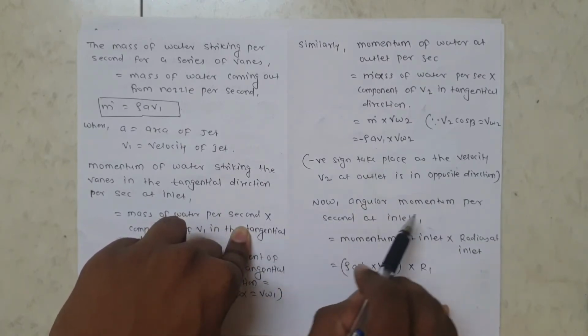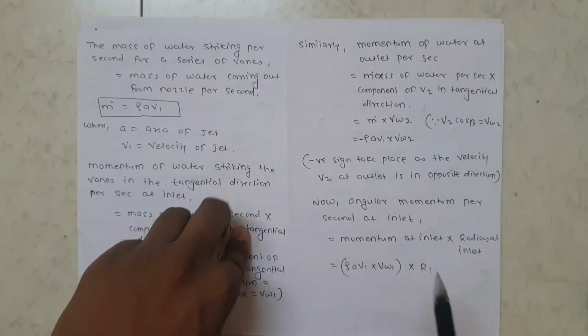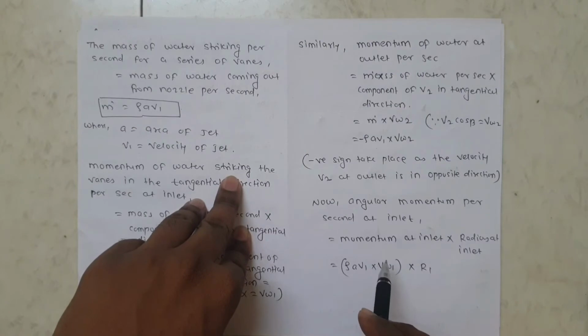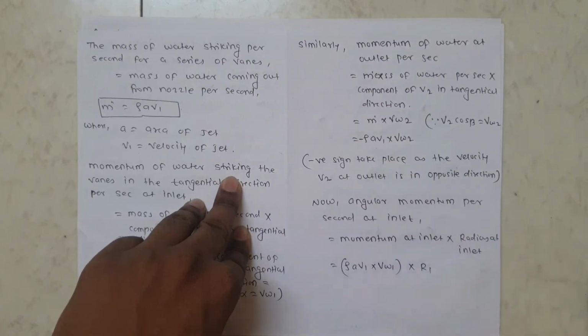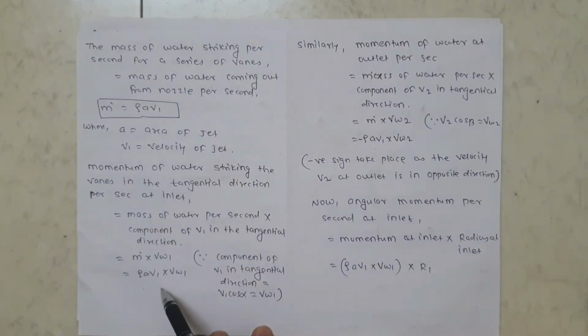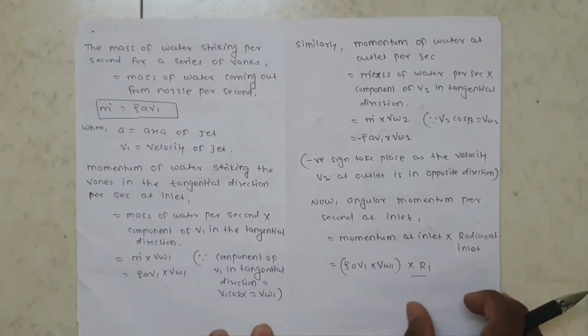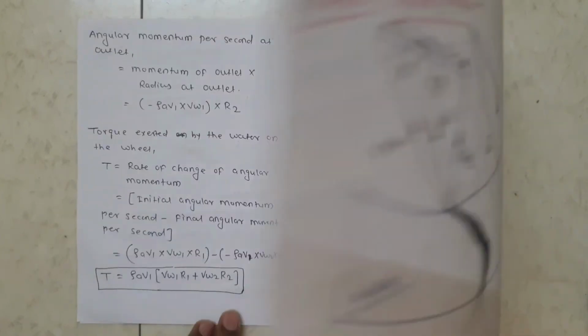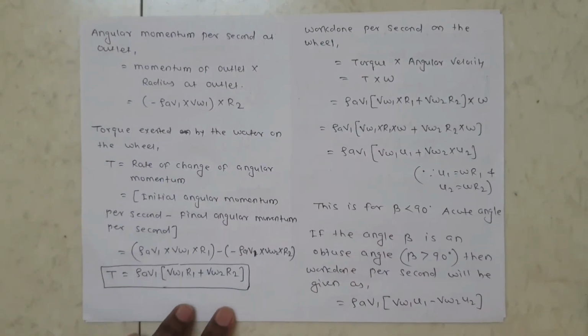Now the angular momentum per second at inlet is equal to momentum into radius. For the inlet, momentum at inlet into radius at inlet. The momentum at inlet we already found, rho a v1 into vw1, and the radius at inlet is r1.